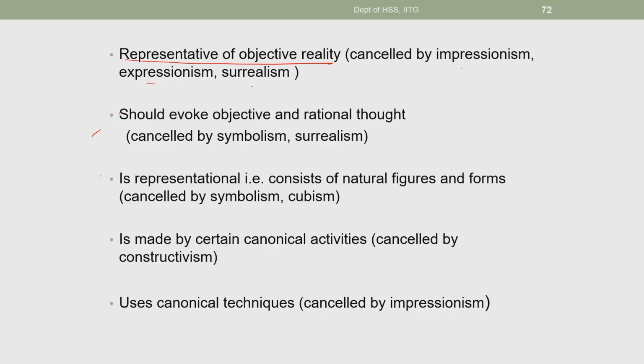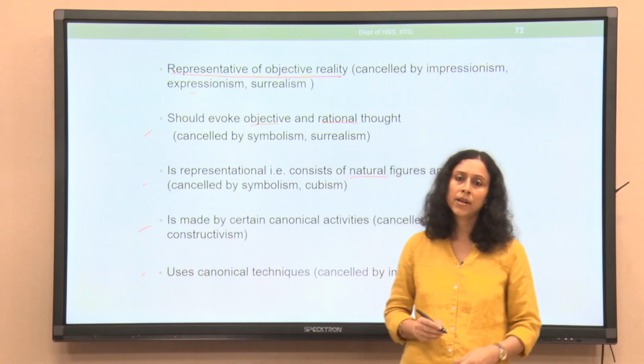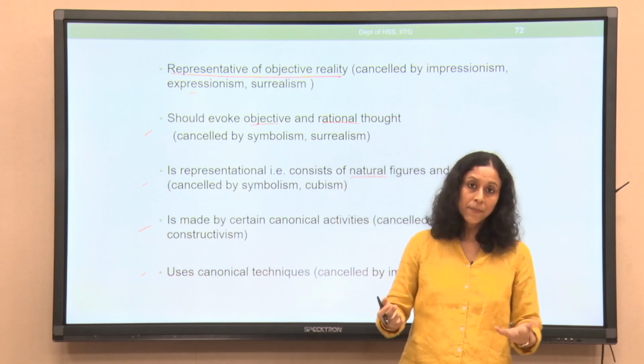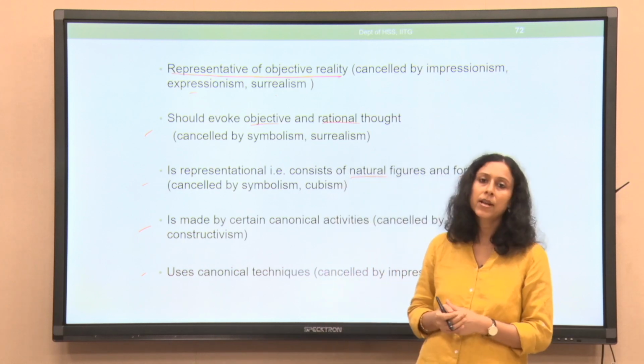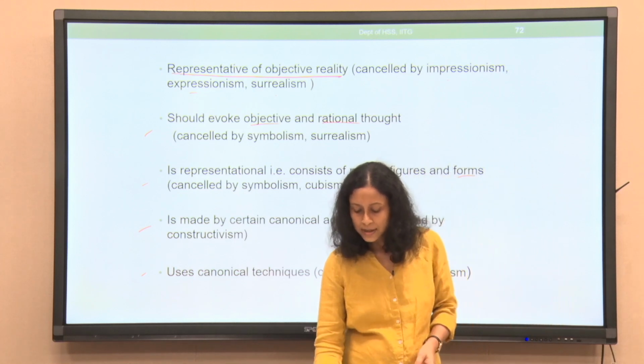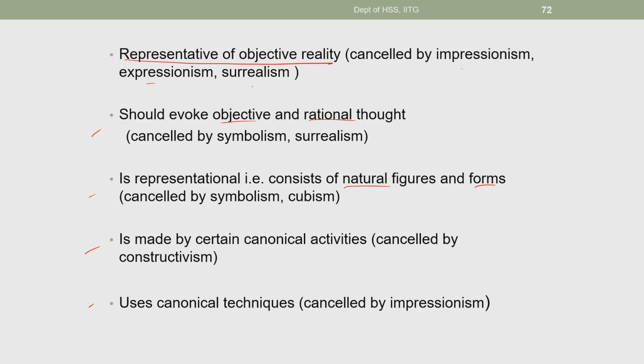You can see so many types of thoughts, and then each was cancelled by another. If you look at symbolism, for example, objective and rational thought is cancelled. Similarly, natural figures and forms: if you look at Picasso's paintings, for a lay person the figures are all distorted, but for Picasso, art lovers and connoisseurs of art, they are perfectly fine.